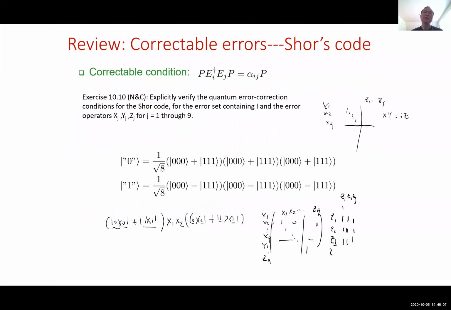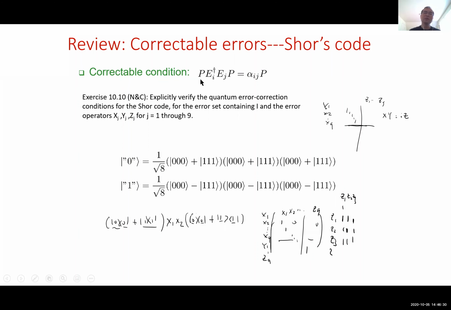The second way is to use the most general error correctable condition. P is the code space, for example a projector onto the 0 and 1 subspace, and we only consider the action of the code inside this.